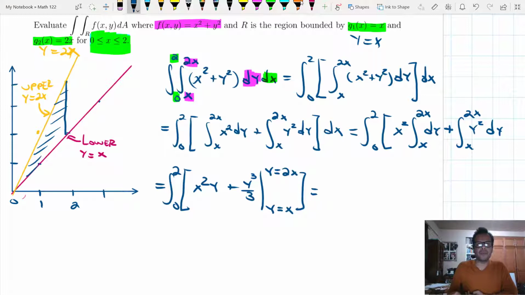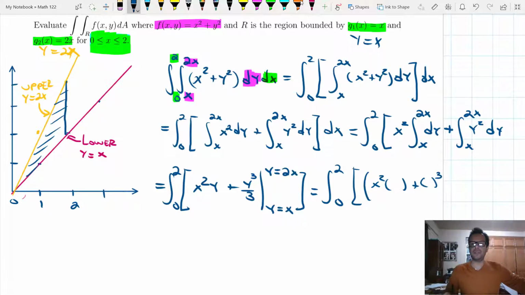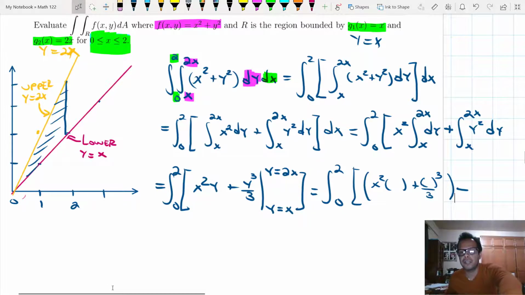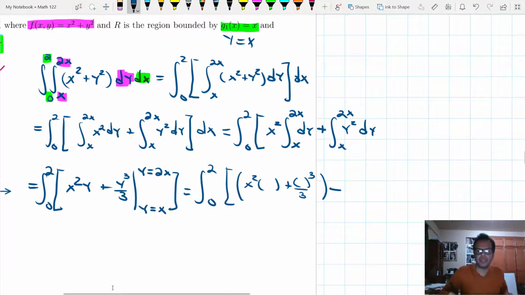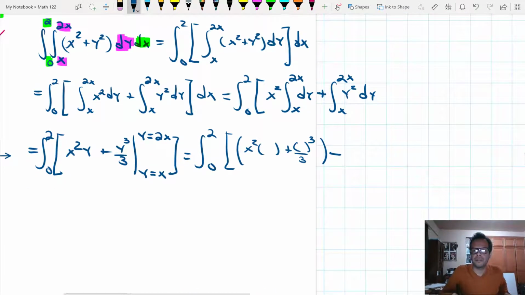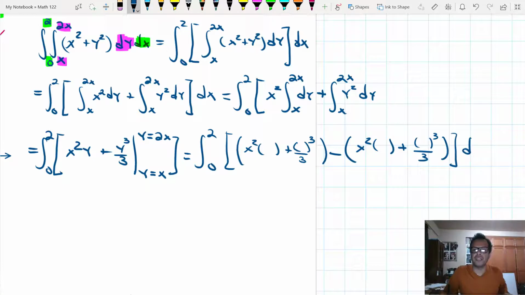I'm going to write the integral from 0 to 2 of x squared times the quantity, plus the quantity cubed divided by 3, minus x squared times the quantity, plus the quantity cubed divided by 3, that whole thing times dx.